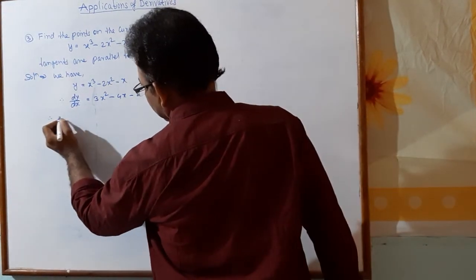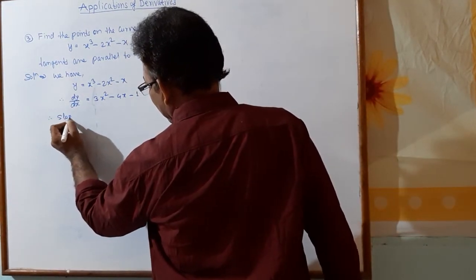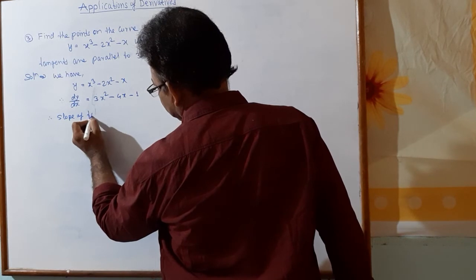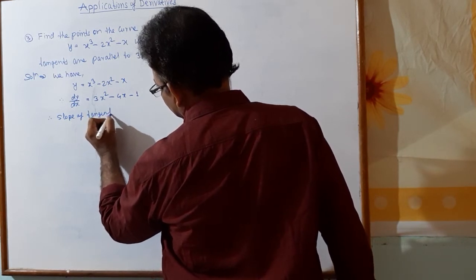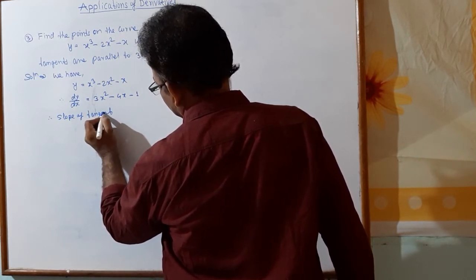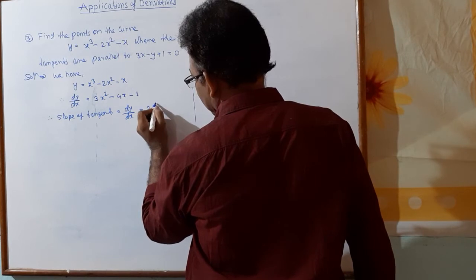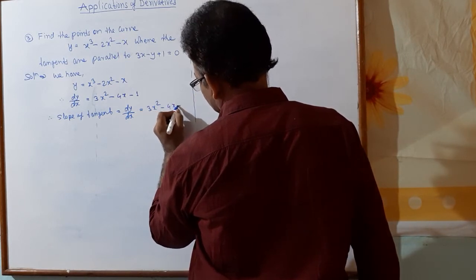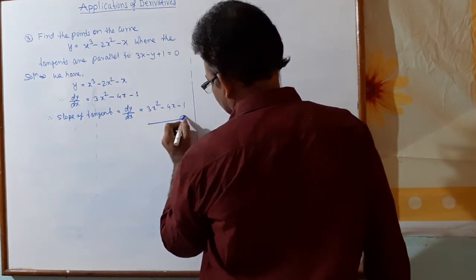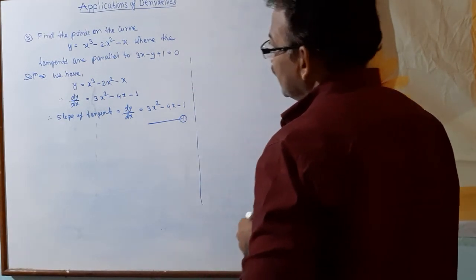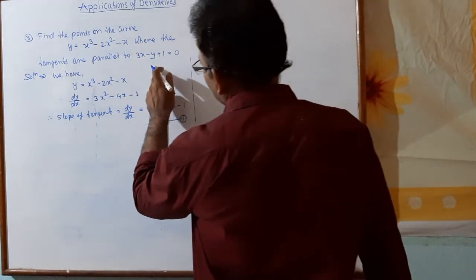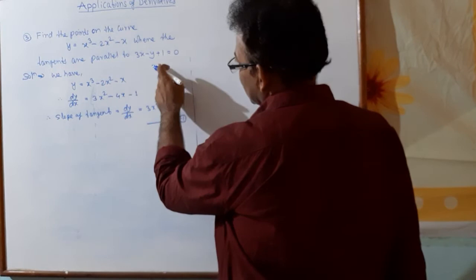And we know that the slope of tangent is nothing but the derivative. Slope of tangent dy by dx is 3x square minus 4x minus 1. Call this equation 1.